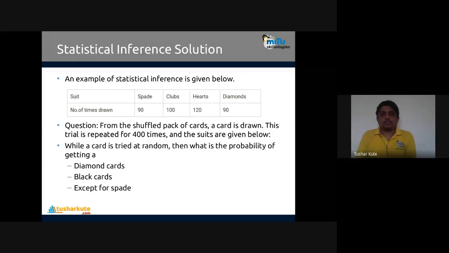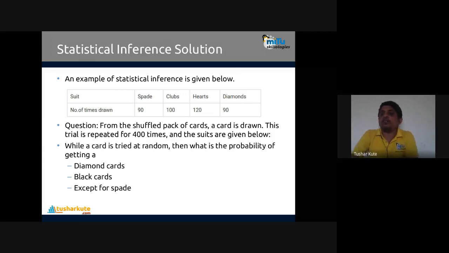Now see, in a suit there are 4 different kinds of cards present. You might know: spade, clubs, hearts, and diamonds. So I have that set of cards with me. Total 52 cards, and 400 times I've taken a card out of it.